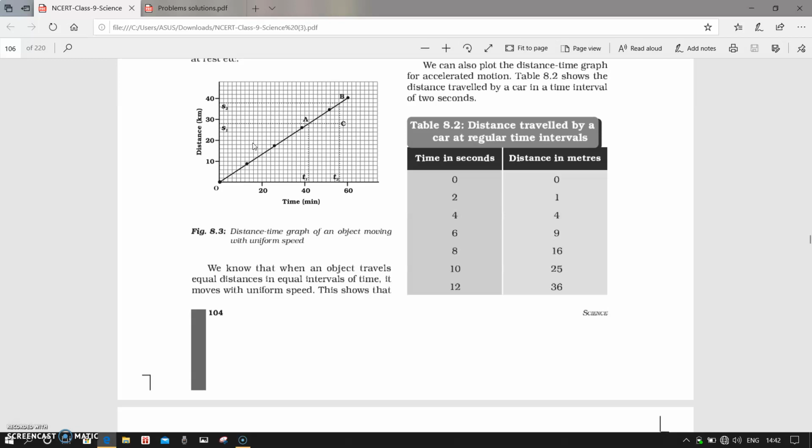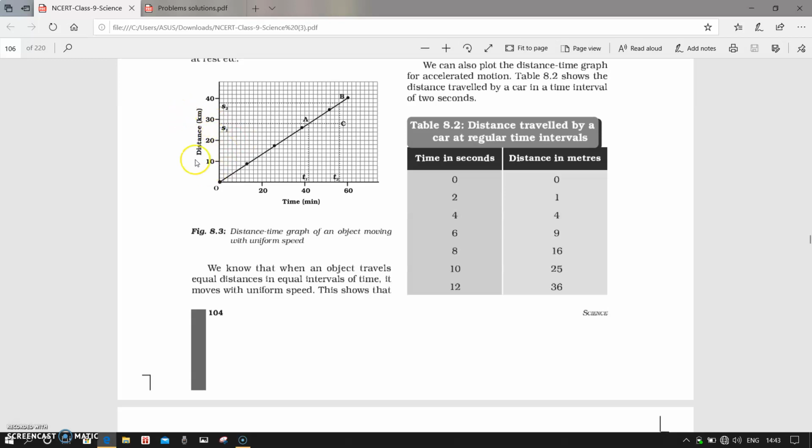That means you are in the same position for those 10 minutes, right? On a straight path, you are 10 kilometers away from me, which means you are not moving. You are staying in the same position, so for 10 minutes you will be 10 kilometers away from me. That means the body is at rest, in the same position.